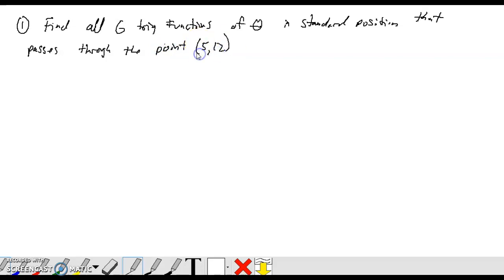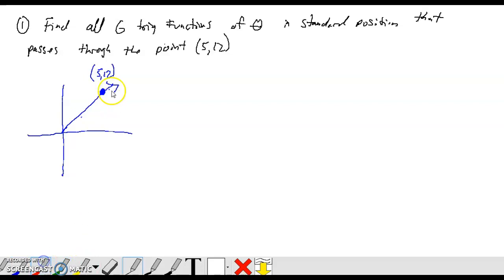So that's our problem. Okay, so the first thing I'm going to do is graph (5, 12). I know that (5, 12) is in this quadrant, right? It's positive and positive. So if I draw my ugly looking ray, let's just draw a ray. Boop. There's my ray.